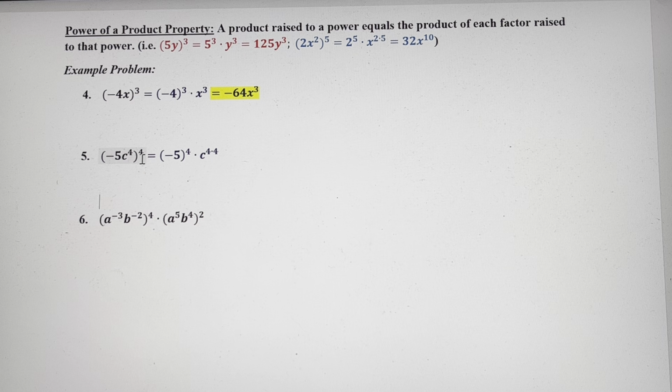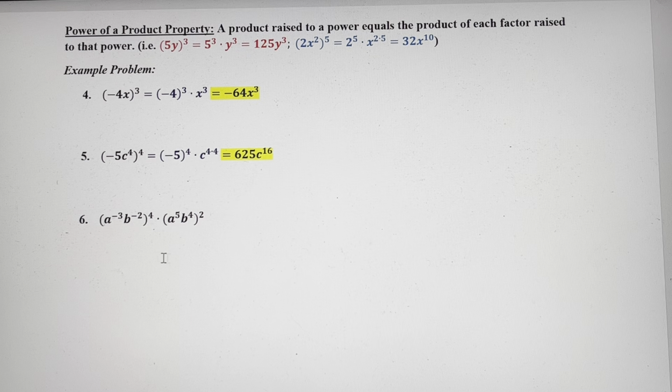Remember, a power raised to a power means I'm multiplying those exponents. So cleaning this up, I've got a -5 to the fourth power. So I've got a -5 times itself 4 times, which is positive 625. And then I'm going to multiply these exponents. 4 times 4 gives me 16. Nothing else to simplify following our rules from before. So that's my answer.